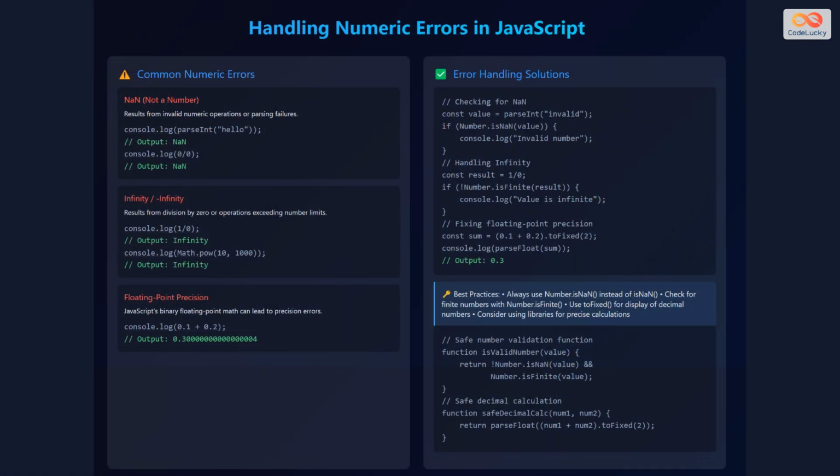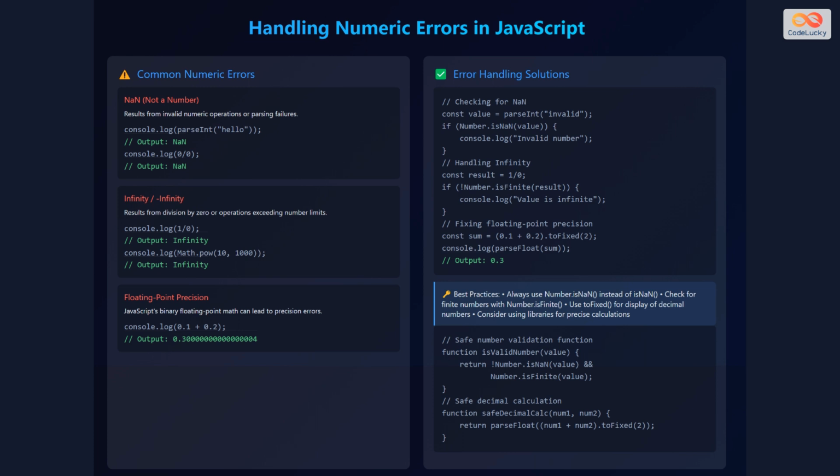It is important to handle numeric errors in JavaScript. The common numeric errors include not a number, or NaN, which results from invalid numeric operations or parsing failures, infinity or negative infinity, which results from division by 0 or operations exceeding number limits, and floating point precision, where JavaScript's binary floating point math can lead to precision errors.